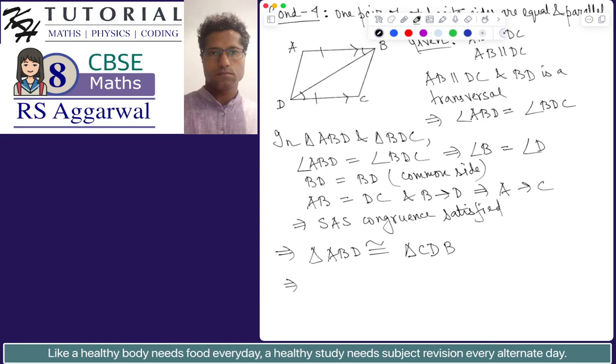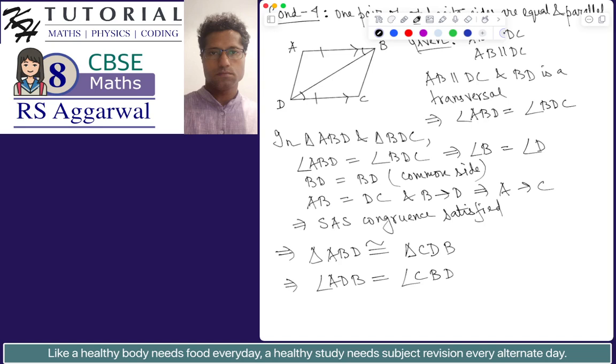Now, from the congruence relation, we can easily say that angle ADB should be equal to angle CBD.